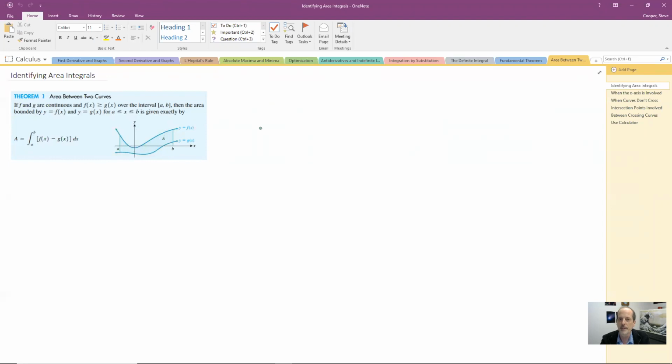So essentially when we use the x-axis, that's like if we created h of x equals 0, which is just like y equals 0. That's the x-axis. So if this was f of x, we were calculating the integral from a to b, so we were calculating this area.